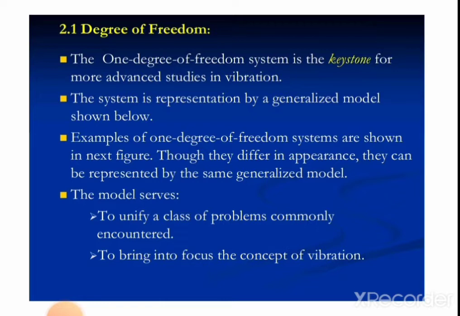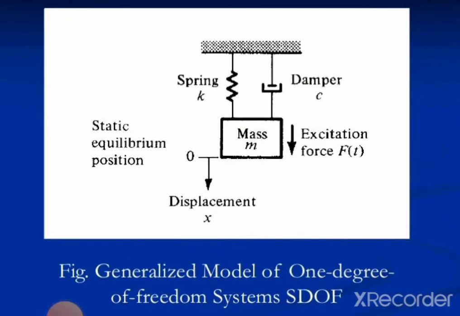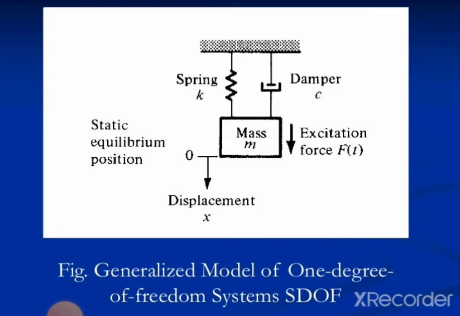The one degree of freedom system is the keystone for most advanced studies in vibration. The system is represented by the general model shown below. Here, as I explained, mass m is concentrated and supported by a spring, which is attached to a fixed support.